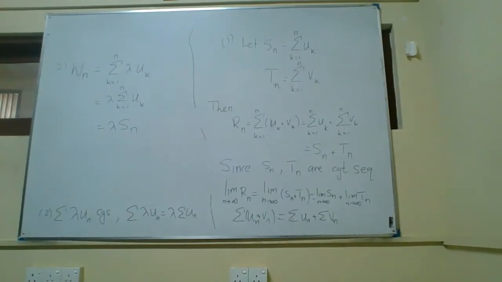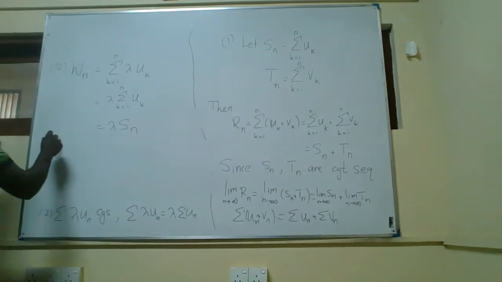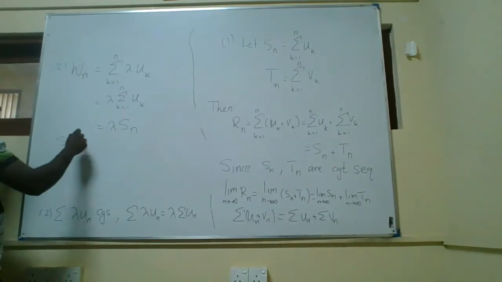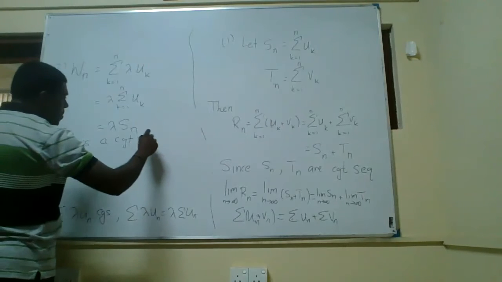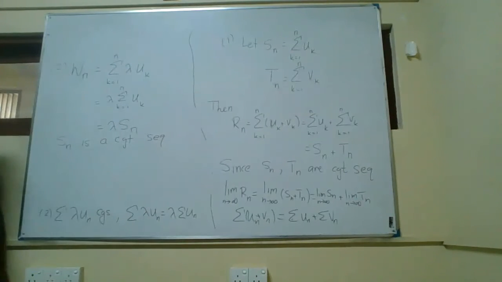So now you have two sequences. Wn is a sequence and lambda times Sn is a sequence, right? So clearly again, Sn is a convergent sequence because it says that summation of uk converges.